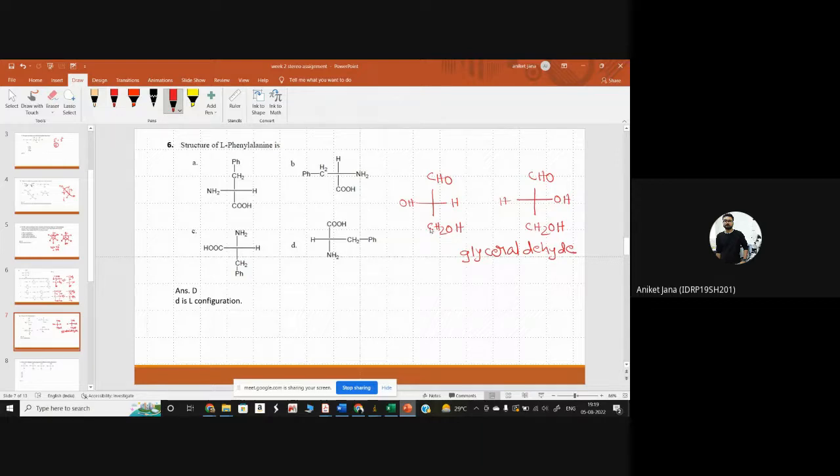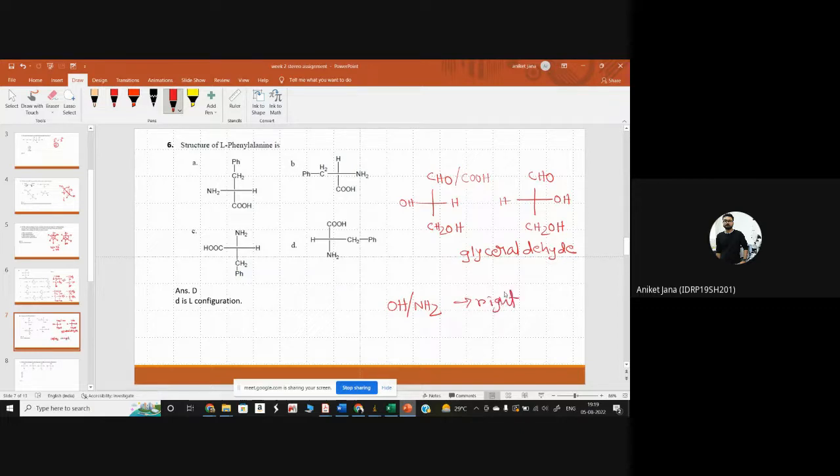This L and D nomenclature is used to designate sugar molecules like carbohydrates or amino acid molecules. Here we have to put the carbonyl group, either CHO or COOH, at the top of the molecule in the Fischer projection formula. In the case of sugar it is the OH group, and in the case of amino acid the NH2 group, either on the right side or the left side.